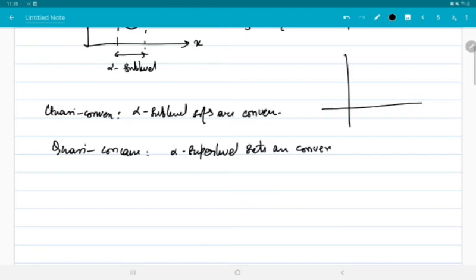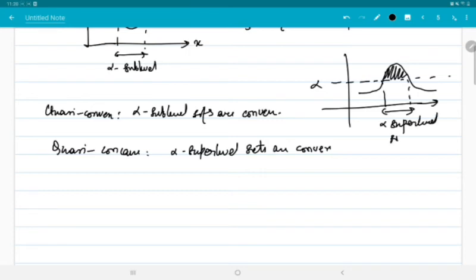For example, a function like this is going to be a quasi-concave function, because this is my alpha superlevel set. I just draw the x values here. This is going to be my alpha superlevel set, and it is convex. That's why this function is quasi-concave.